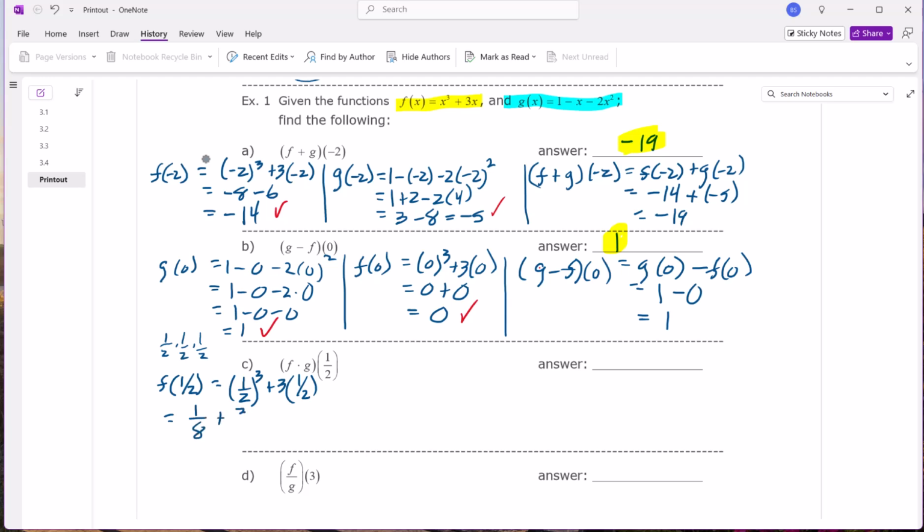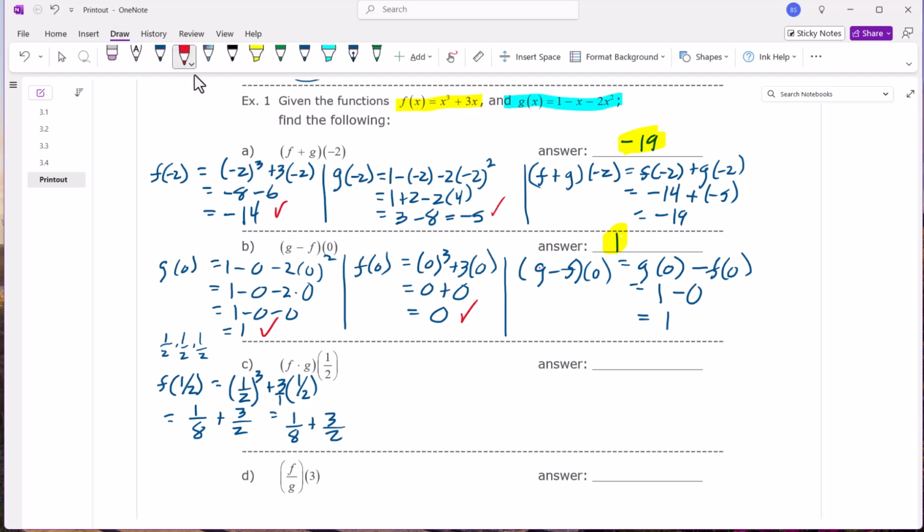And then this would be 3 over 2. Again, you put the 3 over 1 and go straight across. So we need to get a common denominator of 8. I need to multiply this by 4 over 4 to introduce that common denominator. So I get 1/8 plus 12/8. So that gives 13/8 when we evaluate that.